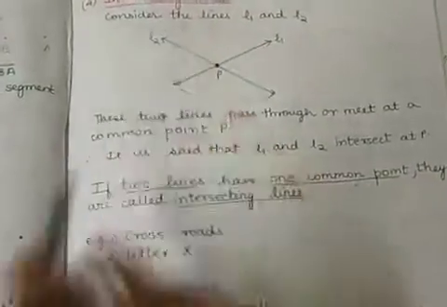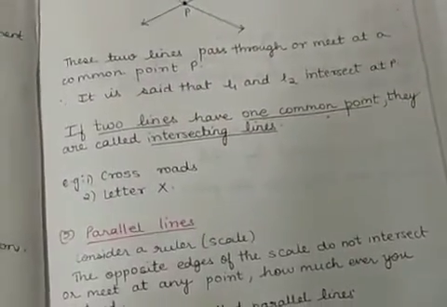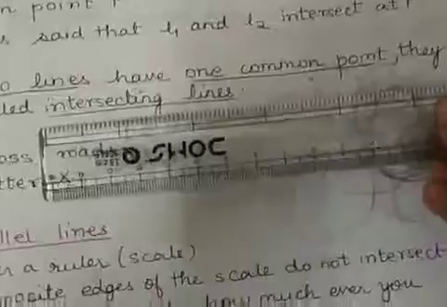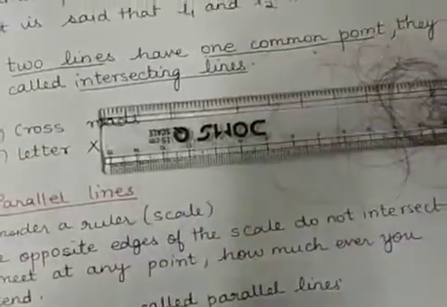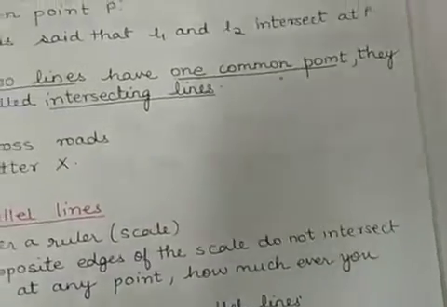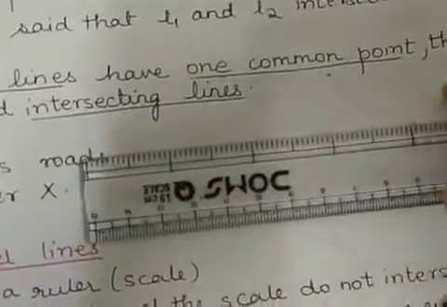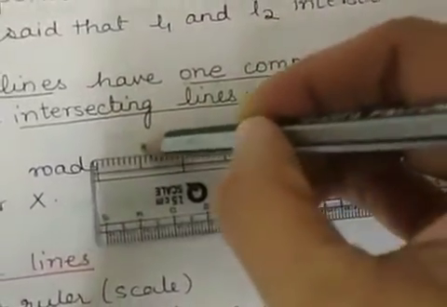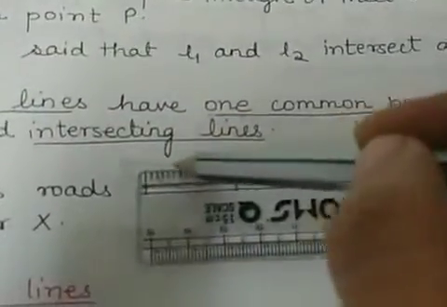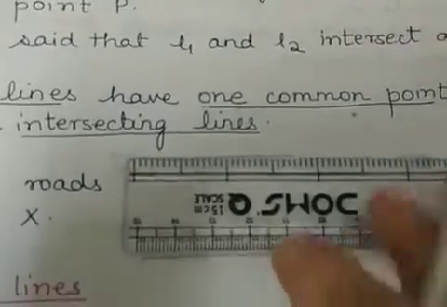After intersecting lines, what we come across is parallel lines. The next subtopic is parallel lines. Now suppose I take this scale or ruler. Look at this line and this line below.